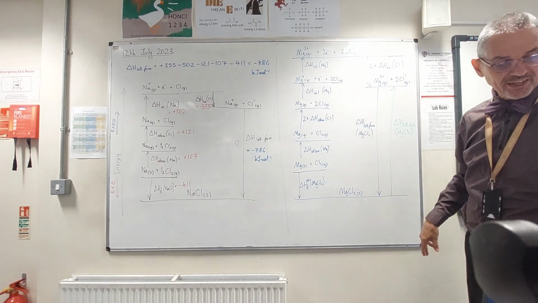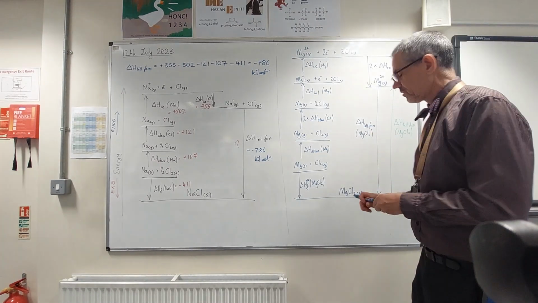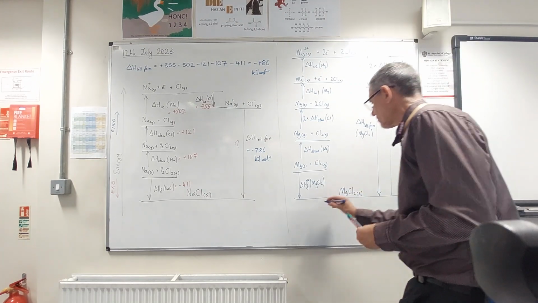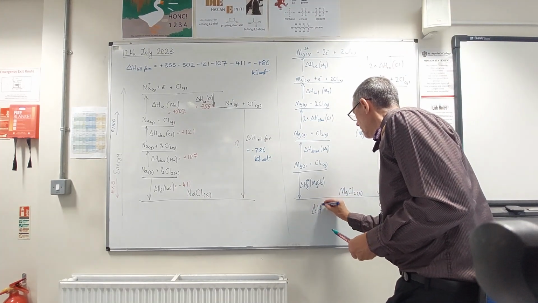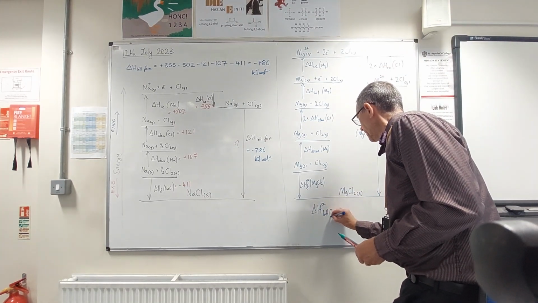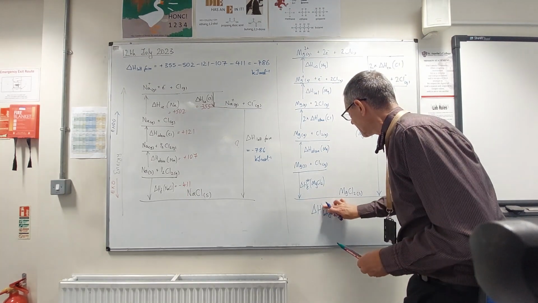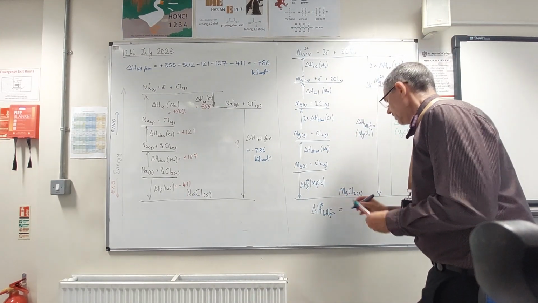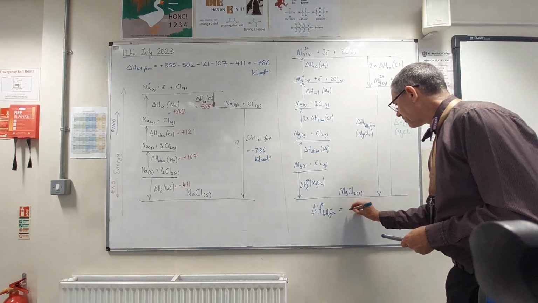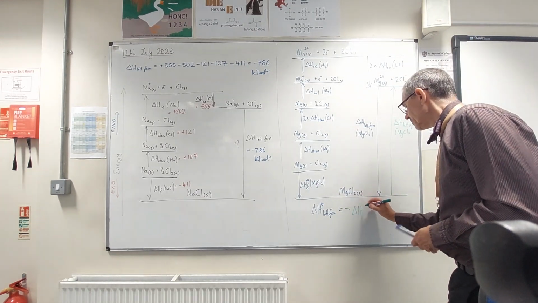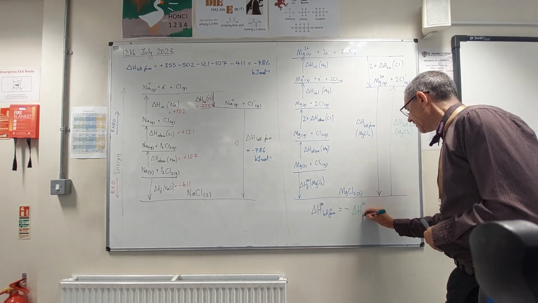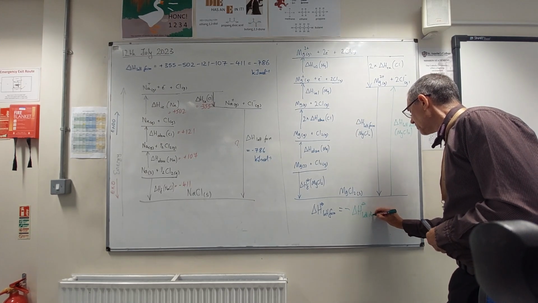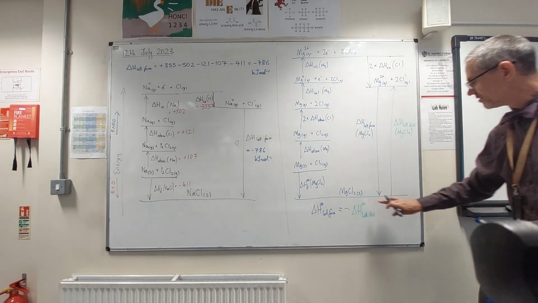So lattice formation enthalpy is whatever the lattice dissociation enthalpy was, just with a negative sign.